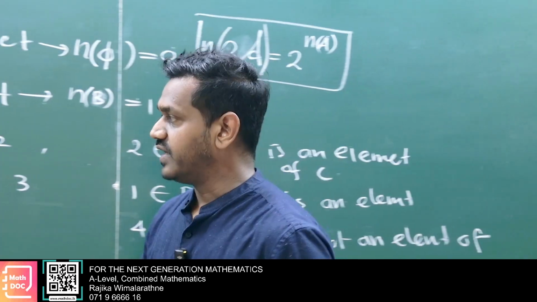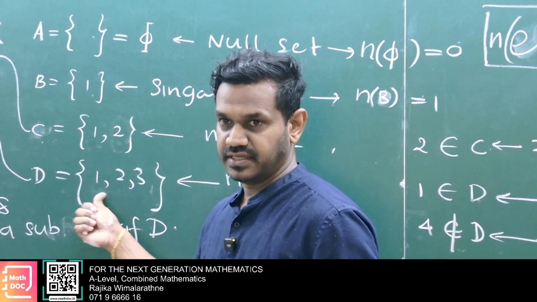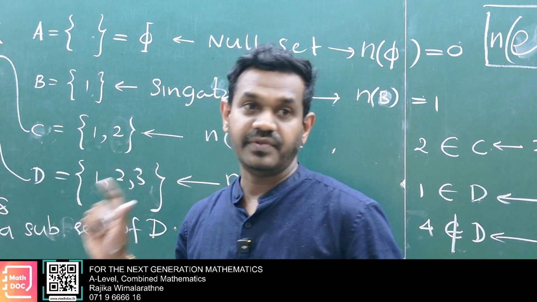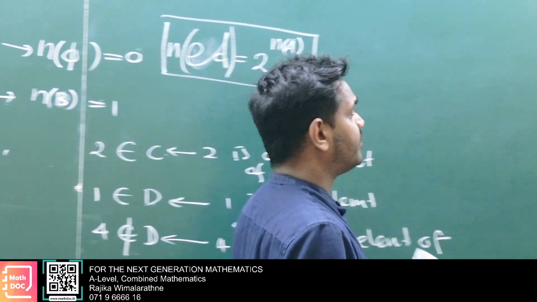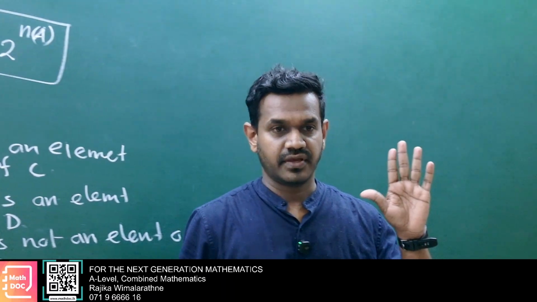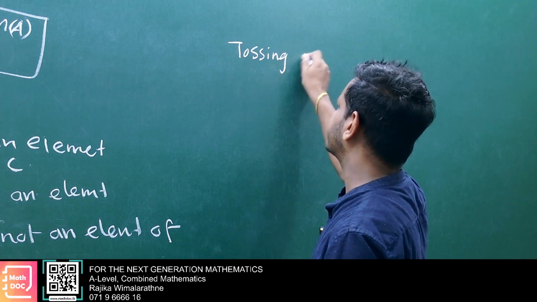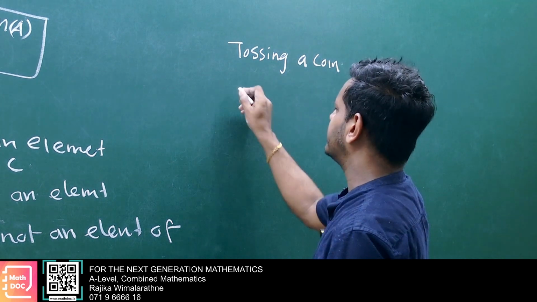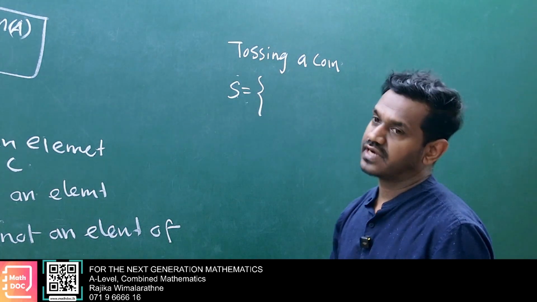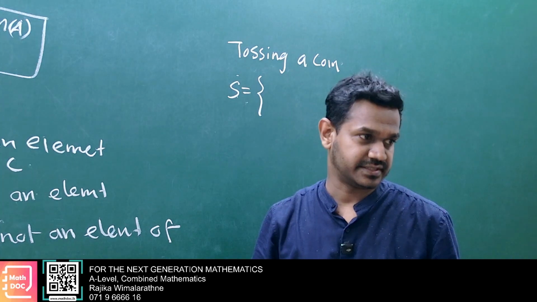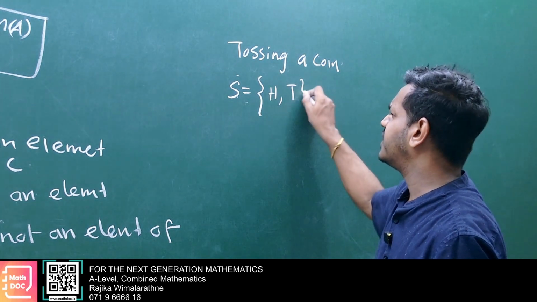Here, when you consider this set, it is countable, no? This is a finite set. But there can be infinite sets. Consider this example, tossing a coin. Usually all possible outcomes we call the sample space: head or tail.